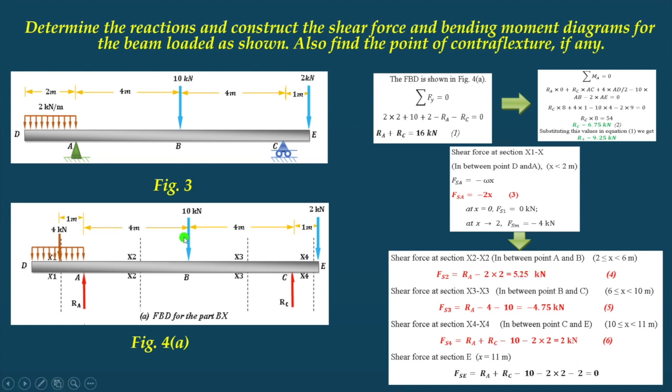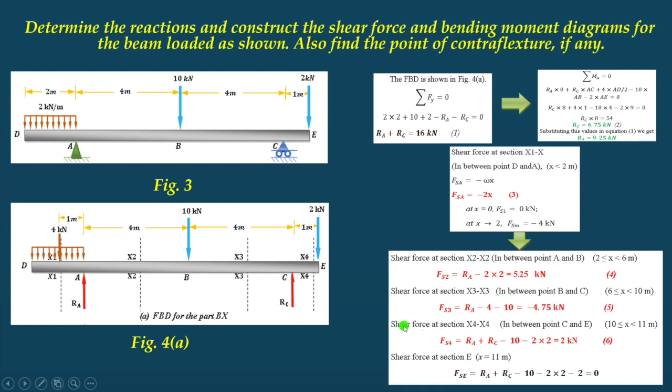Then for the section x3, our loads are Ra, 10 kilonewton and this distributed load. These two are positive. This and this are negative, and Ra upward is positive. So we are writing this and getting equation 5.